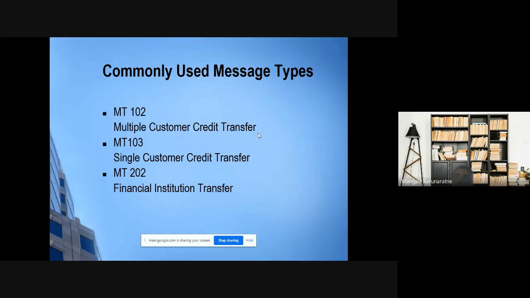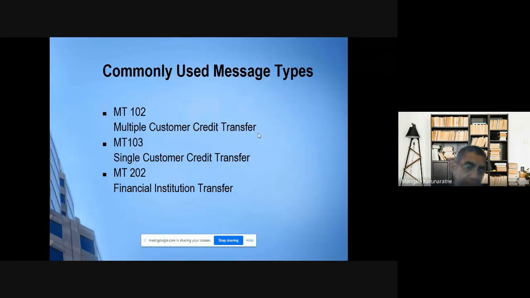So if we keep all these transactions to send in one 103, all the customers will get affected and will have to face the delay. So if we get 2-3 transactions to the same institution at the same time, we use 102. Otherwise we use 103, single customer credit transfer.